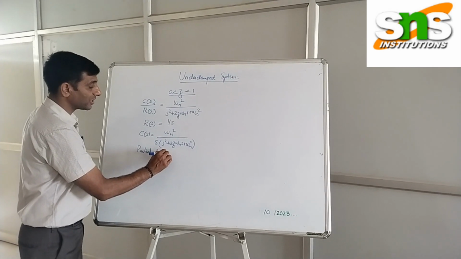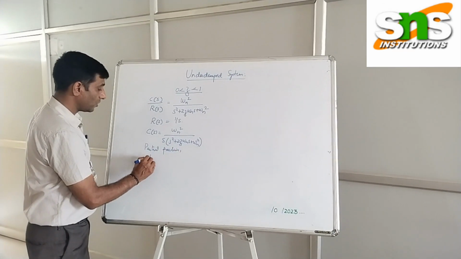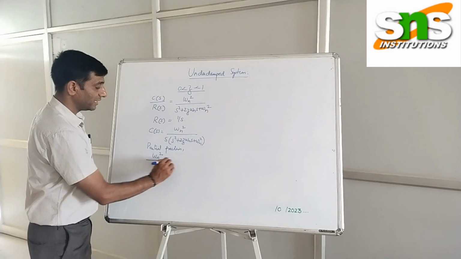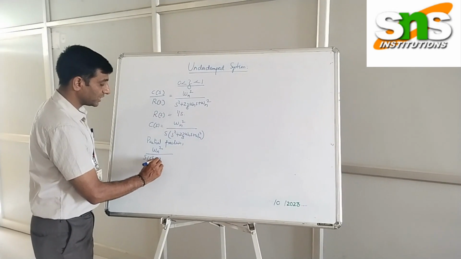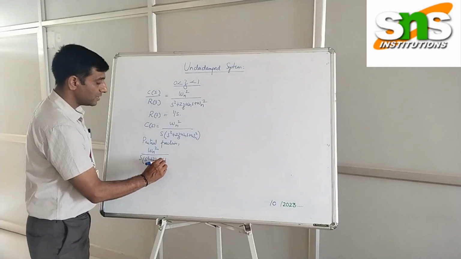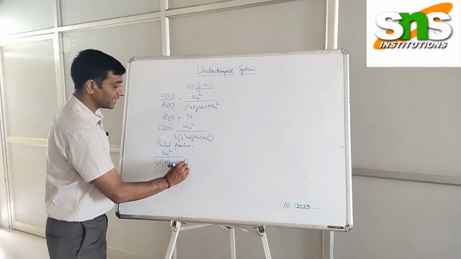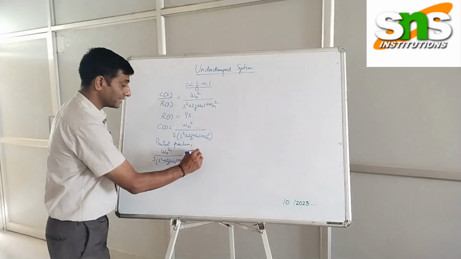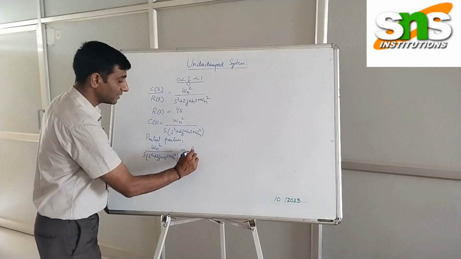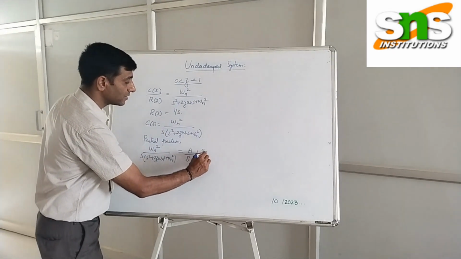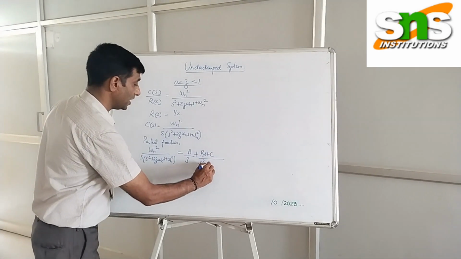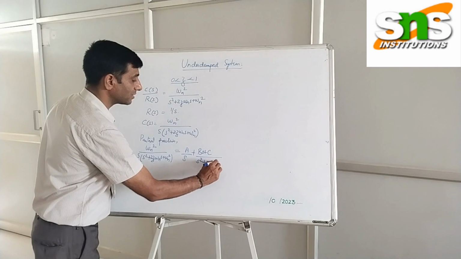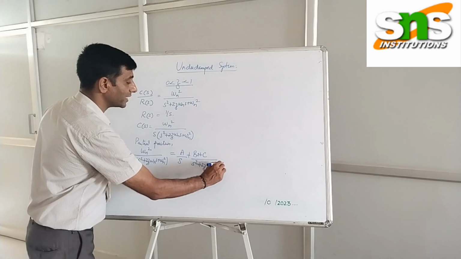Applying partial fractions, omega n squared divided by s into s squared plus 2 zeta omega n s plus omega n squared is equal to A divided by s plus Bs plus C divided by the remaining term, s squared plus 2 zeta omega n s plus omega n squared.